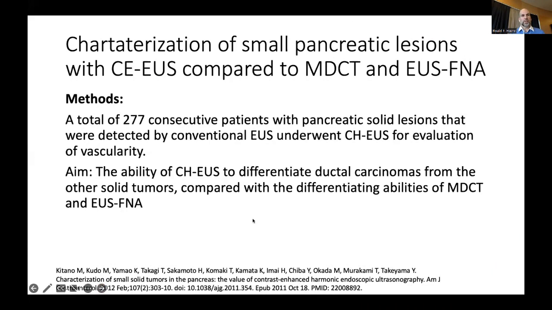So there is a study I just want to refer to by Kitano and co-workers. That's the characterization of small pancreatic lesions with contrast-enhanced EUS compared to multi-detector CT and EUS FNA. They included 270 consecutive patients with pancreatic solid lesions that were detected on conventional EUS, and they went to contrast-enhanced EUS for evaluation of vascularity.